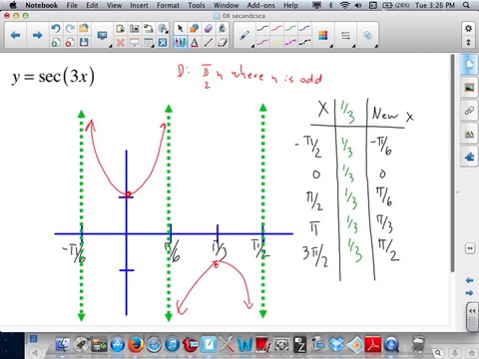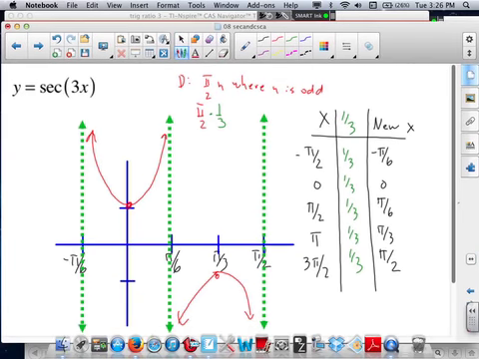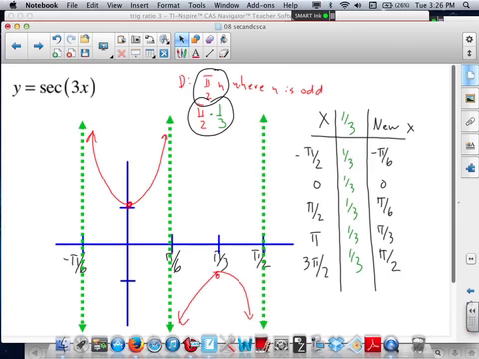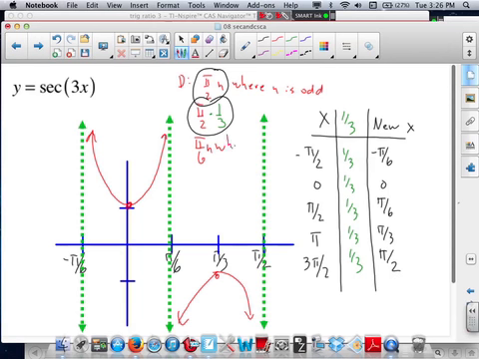To get my new domain, I'll take that pi over 2, and I will also multiply that by 1/3 to get my new domain. I'm just working on this part of the problem right here. I'm going to multiply it by 1/3, just like I did with the x values. And then my domain will be pi over 6n, where n is odd.